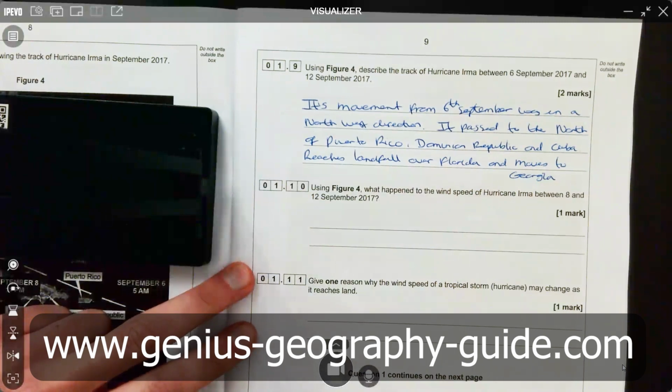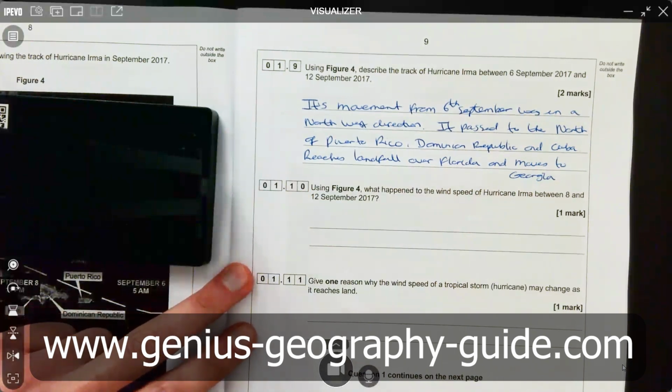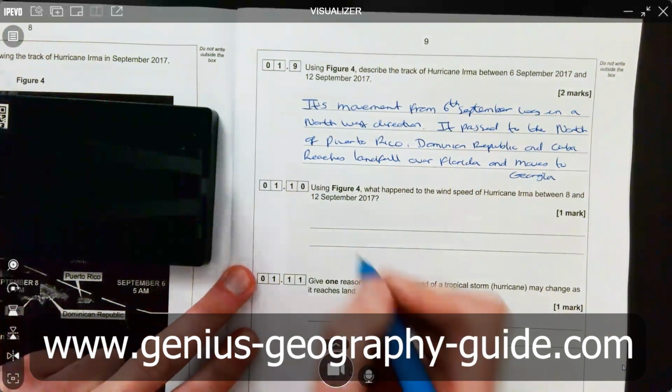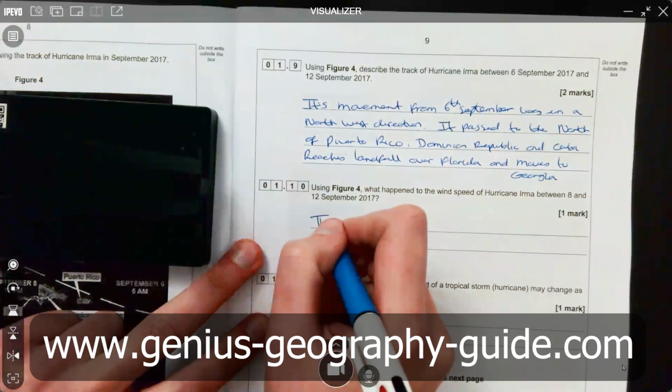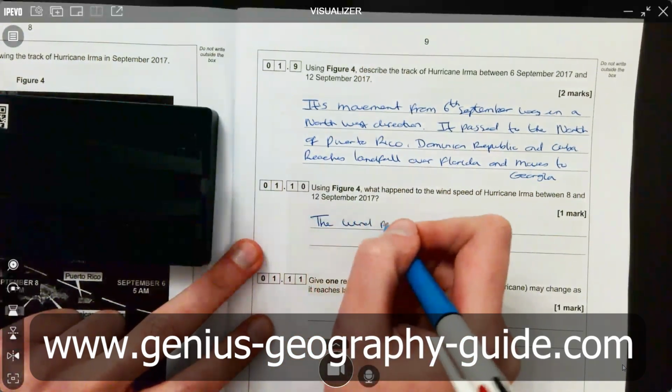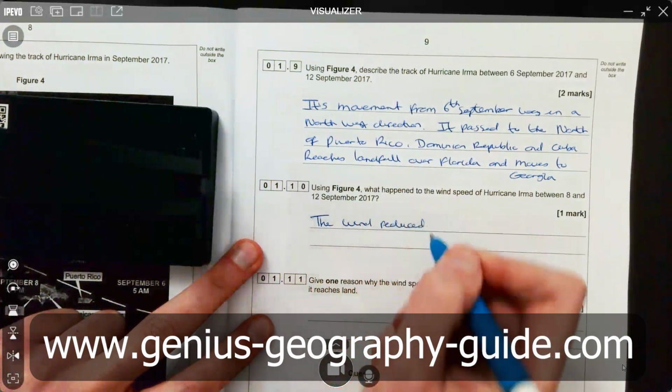Question 1.10. Using figure 4, what happened to the wind speed of Hurricane Irma between the 8th and 12th of September? So once again, you need to use figure 4. The wind reduced.